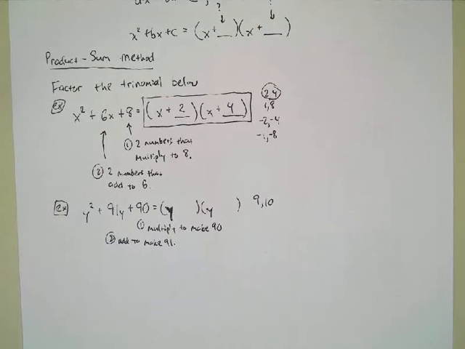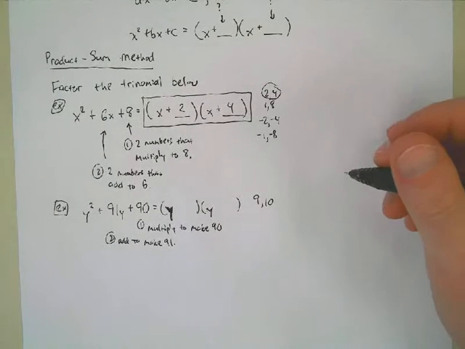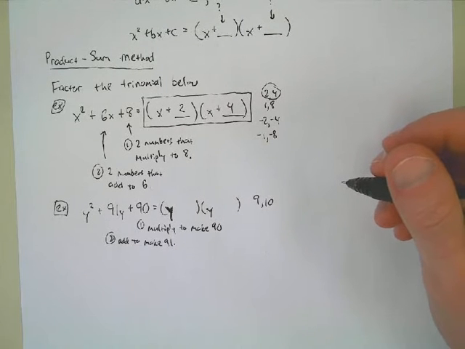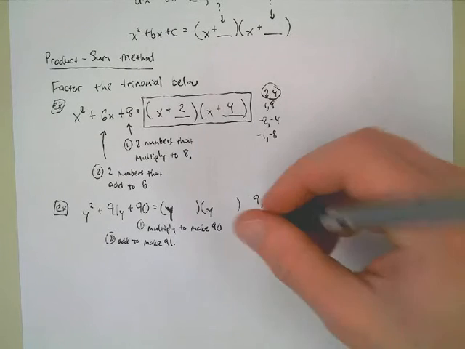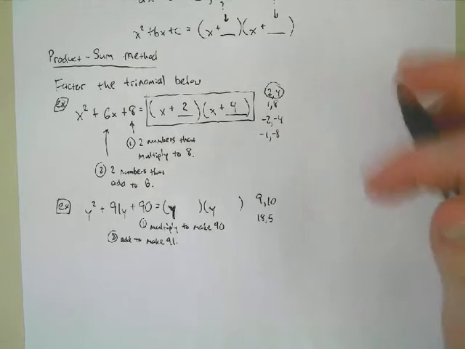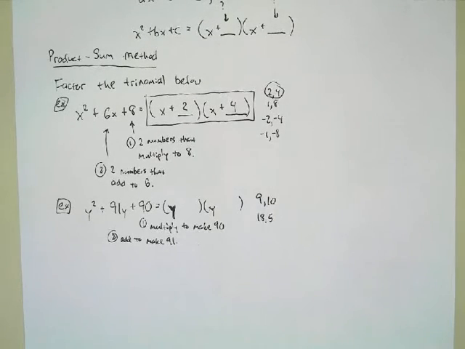All right, Shannon, you got another pair of numbers that multiply to make 90? Sure, 18 and 5. Is that it, though? Nope, 18 and 5 also do not work. Interesting. Adam, how about you? Do you have any pairs? 90 and 1.